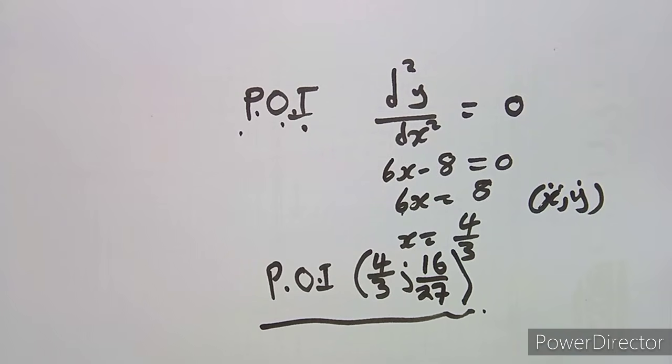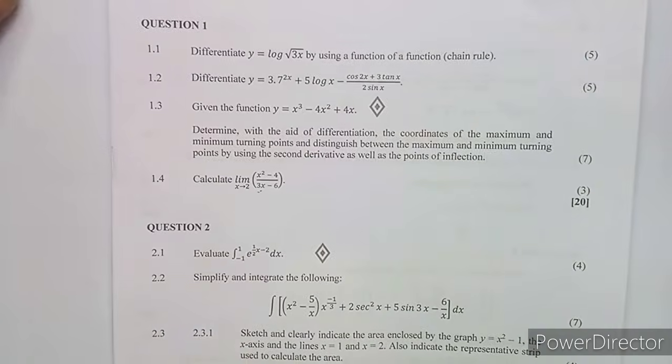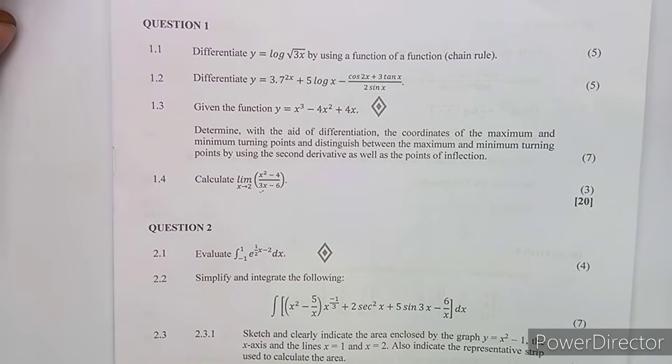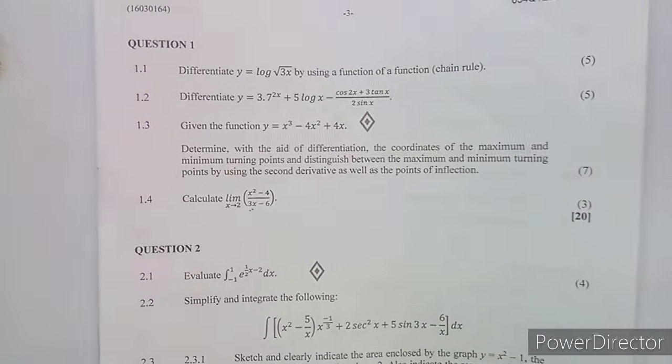Then let's see another question also, which was the last question on limits. Calculate the limit. Okay, that's the limit that you're given. Let's see how we're supposed to calculate this limit, guys.